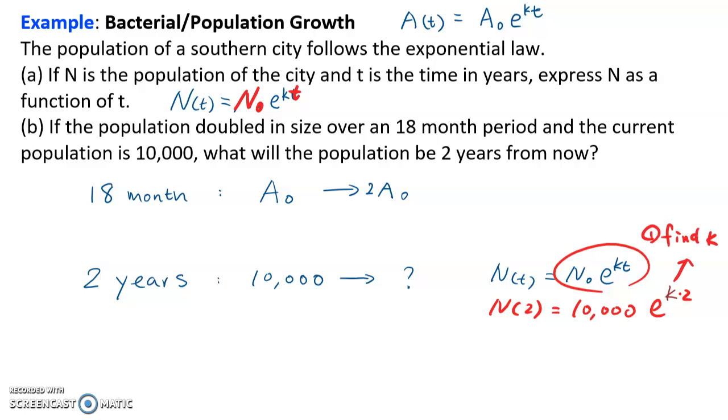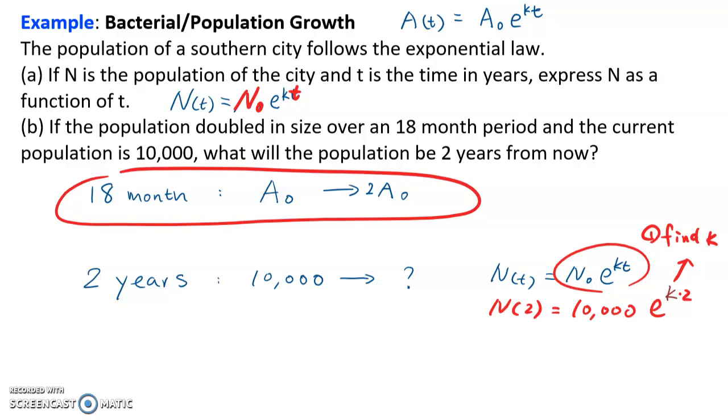How do we find k? We have to use the other piece of information given here: in 18 months, the population doubles. So we will use that to find k first, and then plug in k and everything else we know into the function, and we can find our N of 2.